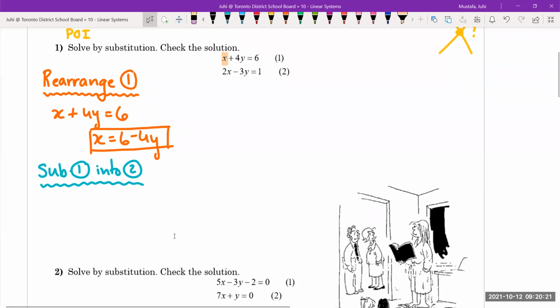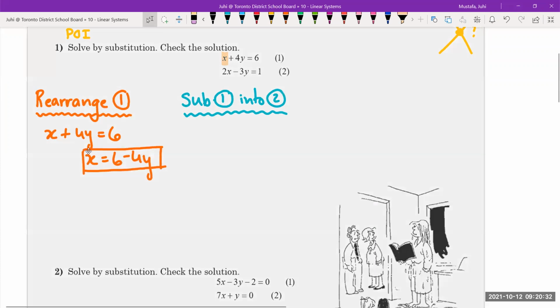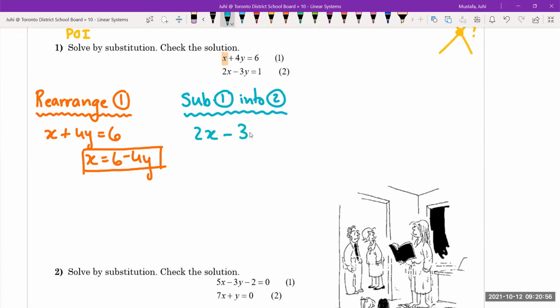I'm trying to squish it all in, but I have a feeling I'm not going to be able to do that. So I'm just going to spread everything out and take my space. Okay. So how am I going to do this? Well, I'm going to start off by writing equation number 2, which is 2x minus 3y is equal to 1.